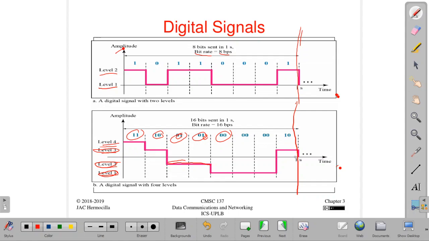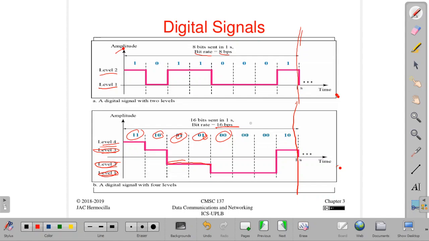And as you can see, in a given second, we were able to send 16 bits. 2 times 8, that's 16 bits. So as a result, the bit rate is 16 bits per second.